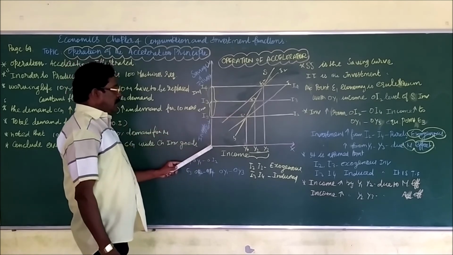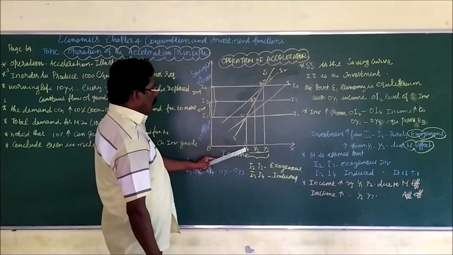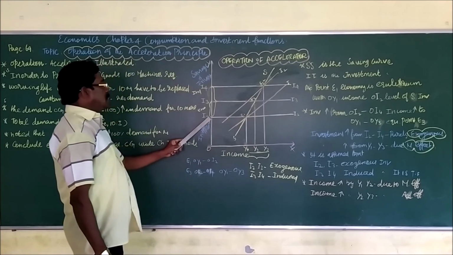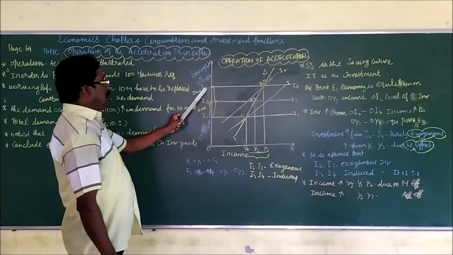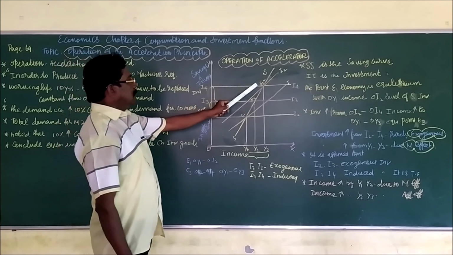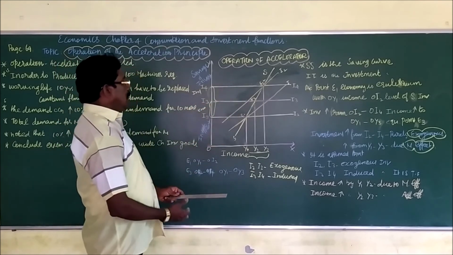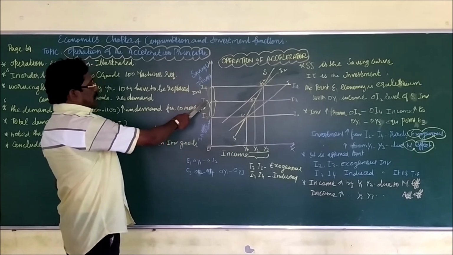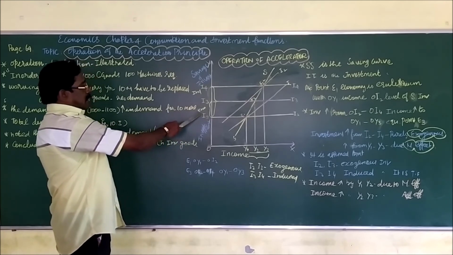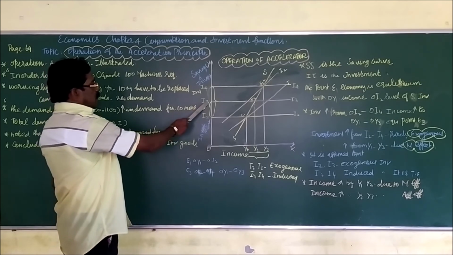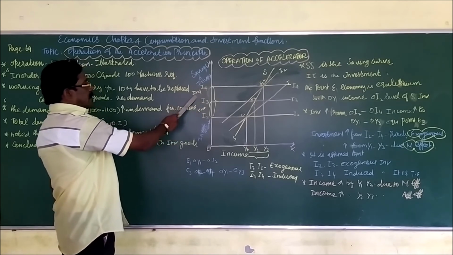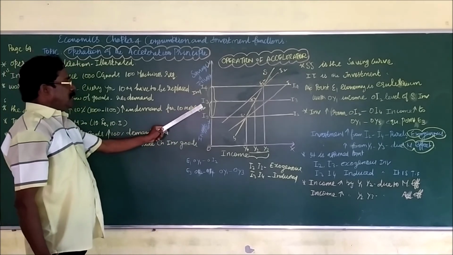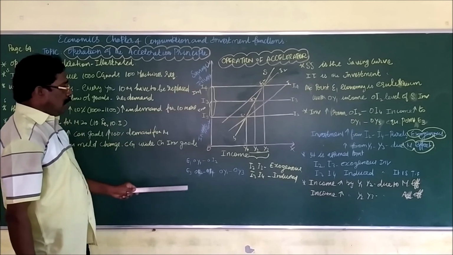The second is where the income is increased from Y1 to Y3 and the investment also increased from I2 level to I4, so the equilibrium is E3. The investment changing from I2 level to I3 is known as exogenous investment. The investment increase from I3 level to I4 level is called induced investment.